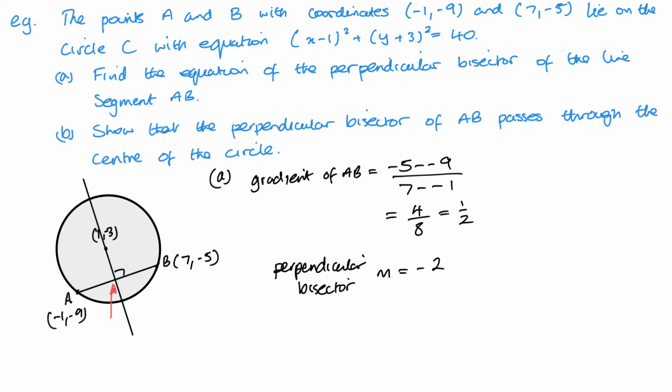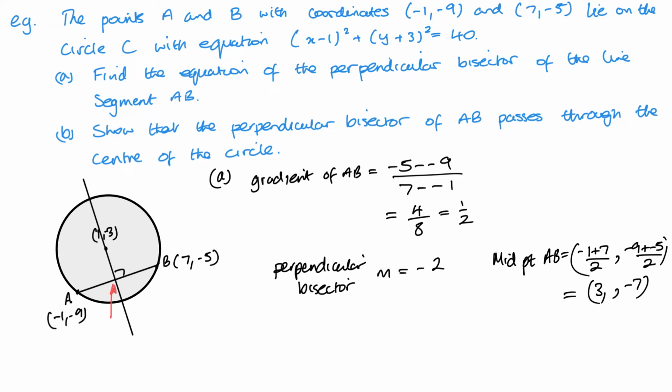So I want to find the midpoint of AB first. The midpoint of AB is adding up my x values and dividing by 2, and then add up your y values and divide by 2. And that's obviously how you get your midpoint.